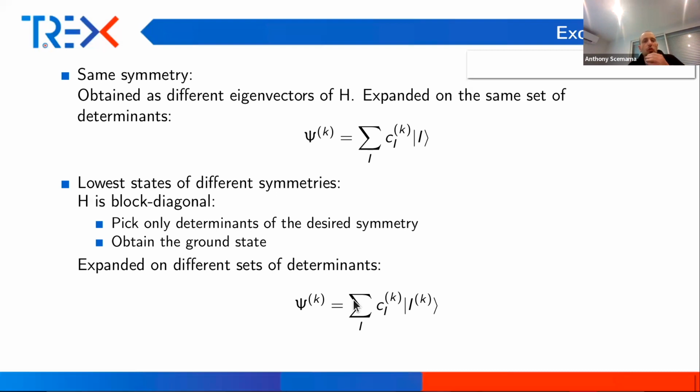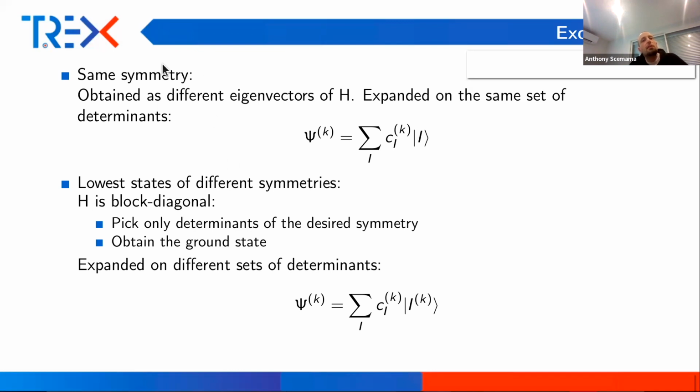If you have some symmetries in your Hamiltonian, then the Hamiltonian is block diagonal within the symmetries, and you can get the lowest of each symmetry quite easily.